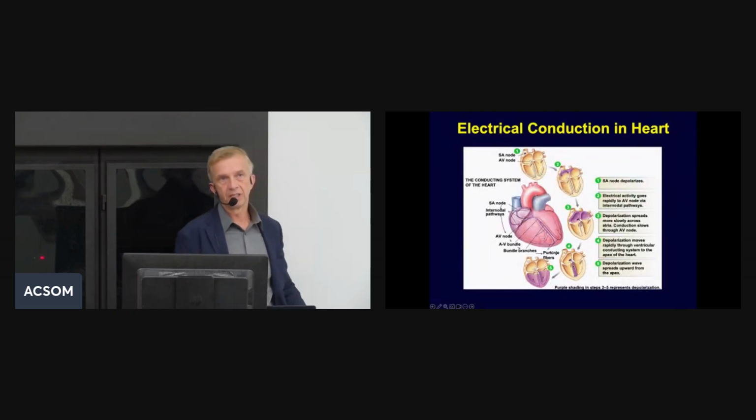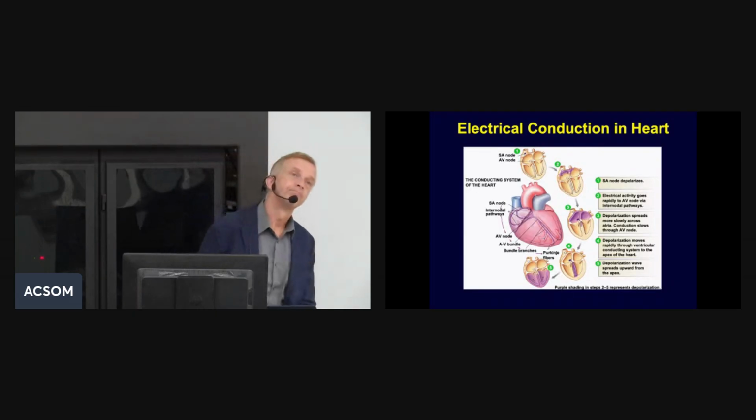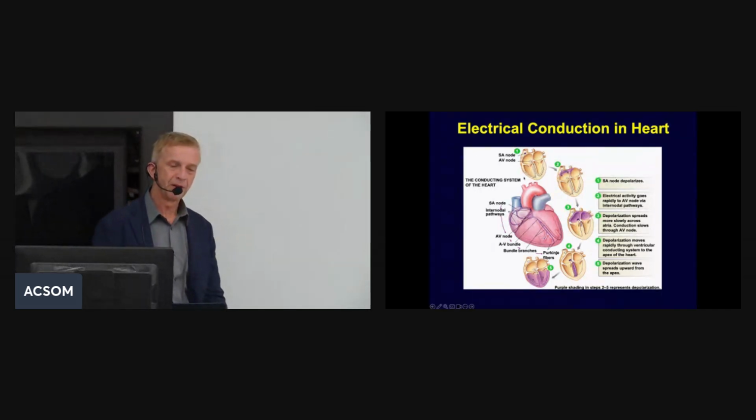It's reflected on the EKG by what feature on the electrocardiogram? What do you see that is the initial depolarization of the septum? P wave. The P wave. It's not the P wave. The P wave is reflected by the depolarization of the SA node in the atria.